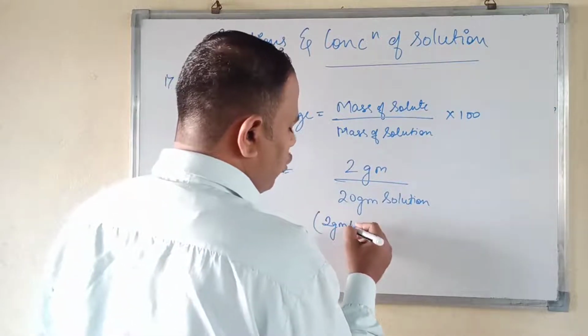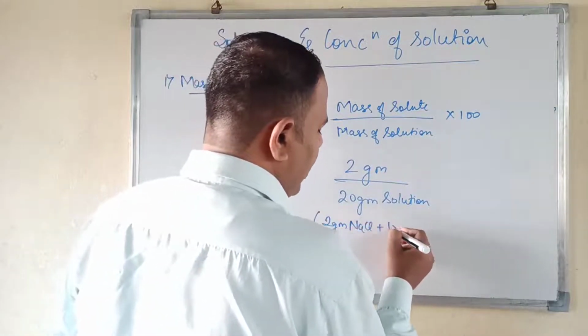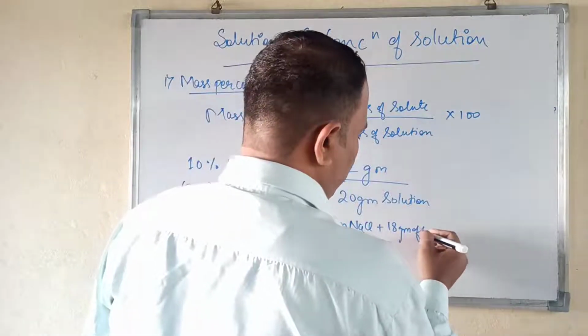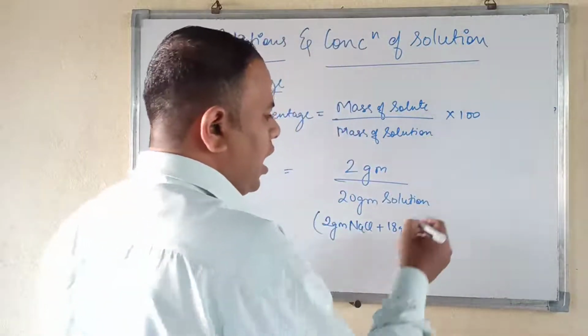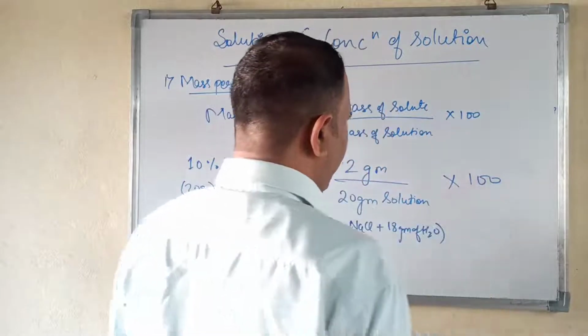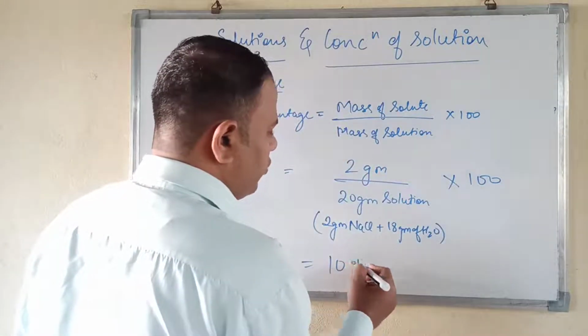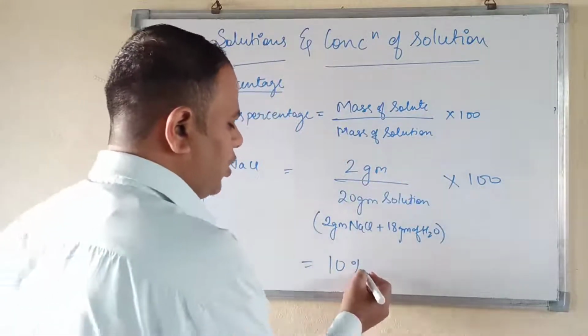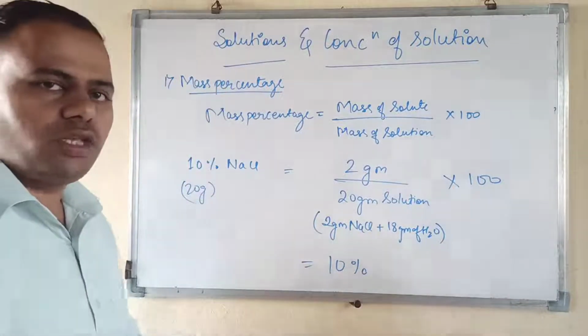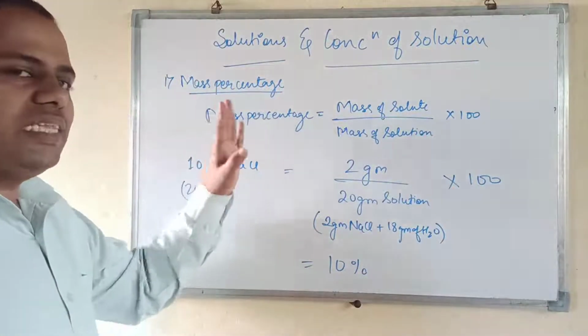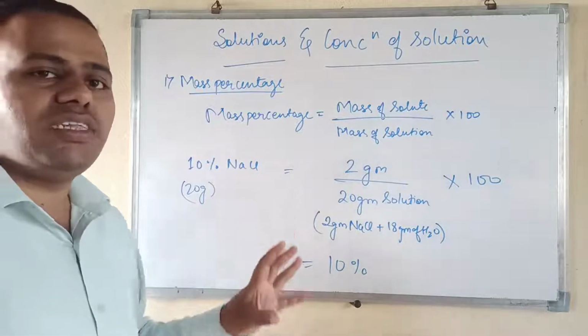It is 2 grams of NaCl plus 18 grams of water. If I take it like this and multiply it by 100, it becomes 10%. So this is the 10% NaCl solution. Likewise, we prepare percentage solutions, and the concentration here is expressed in percentage.